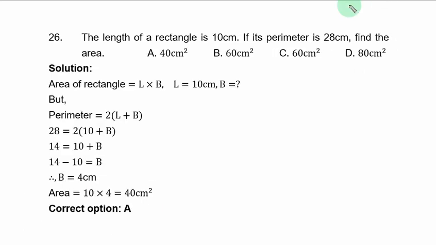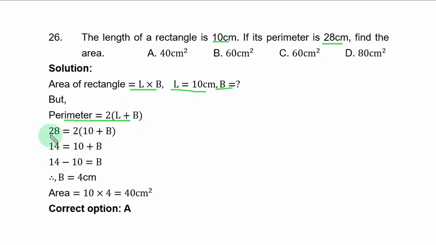Question 26. The length of a rectangle is 10 cm. If its perimeter is 28 cm, find the area. Area is length times breadth. The length is 10, the breadth is unknown. That is why you have the perimeter to enable you find the breadth.